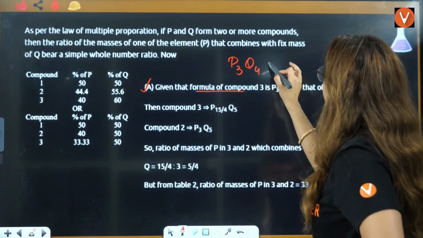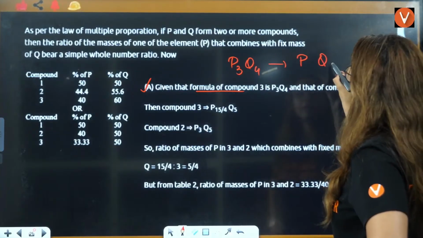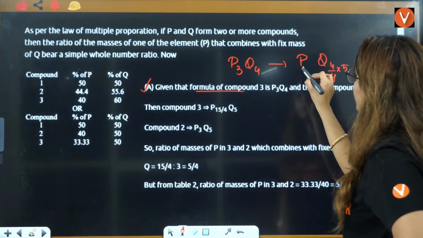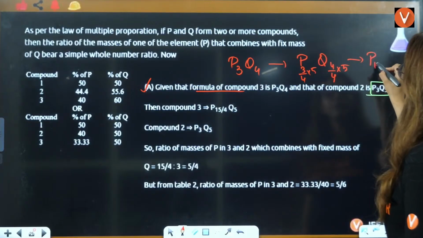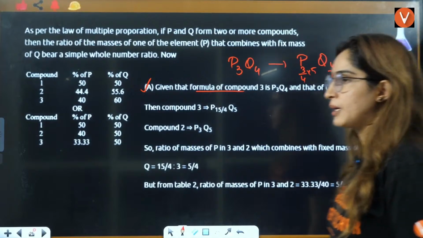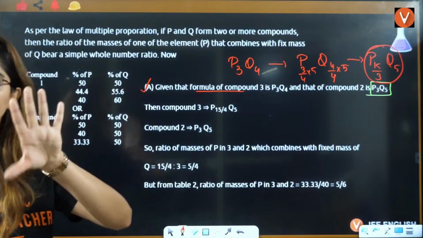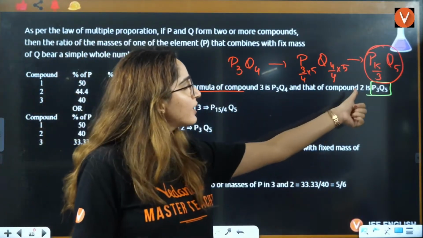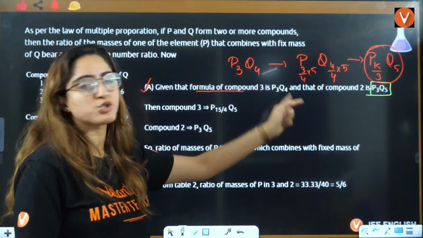Because I want to make it 5, I'll divide it by 4 and multiply it by 5. This will become P15 by 3 and Q5. Okay. Now, first just go very patiently through the full question, okay? What I am doing here is making this Q5 also.